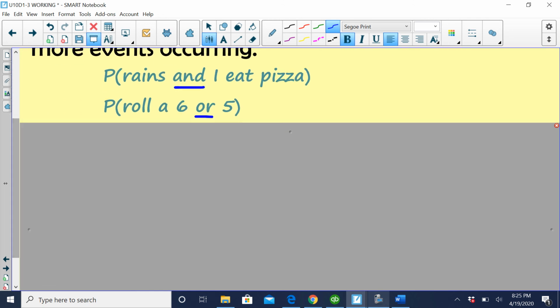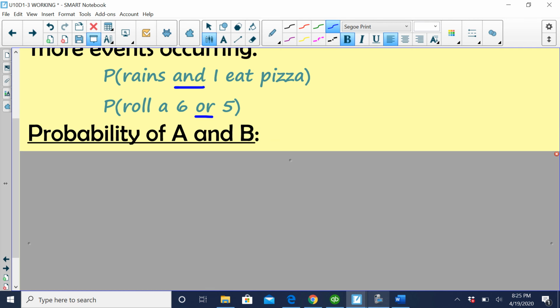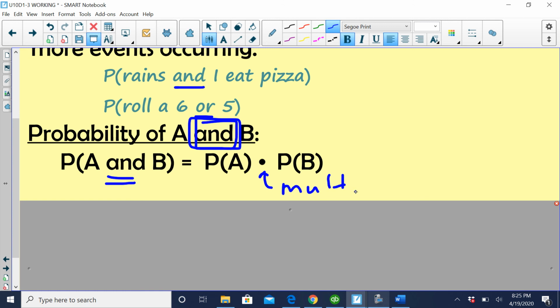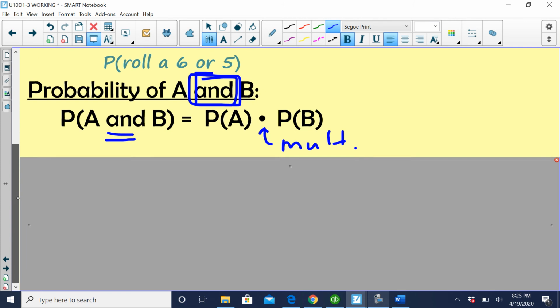Okay, so there's a rule here, and if I want to find the probability of A and B, now that special word and right there, if I want to find the probability of A and B, then I need to find the probability of event A and multiply that times the probability of event B occurring. Okay, so anytime it says and, I need to multiply.